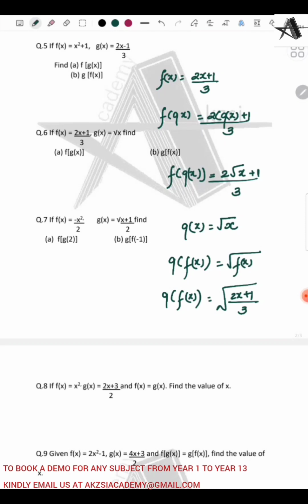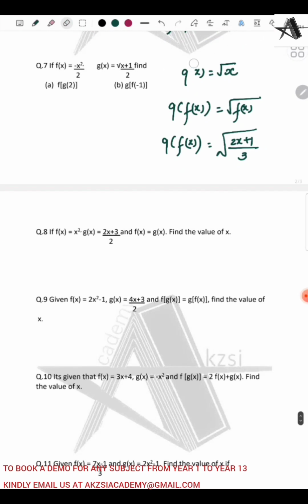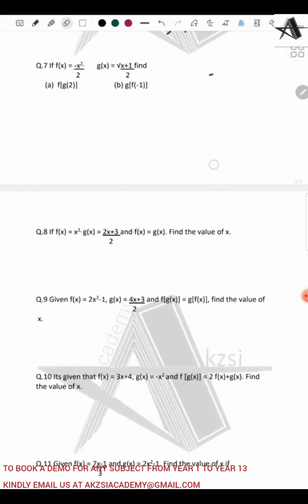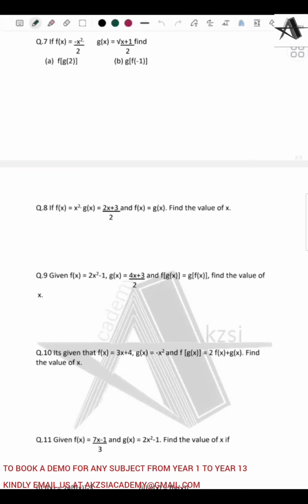Moving on to question number 7. Question number 7 says, if f(x) is equal to negative x squared over 2 and g(x) is root of x plus 1, we need to calculate fg(2). That means they are asking you to calculate f of g(x). Simple. And as I told you, f is a primary function, so you need to write that function first. That is f(x) is equal to negative x squared over 2.